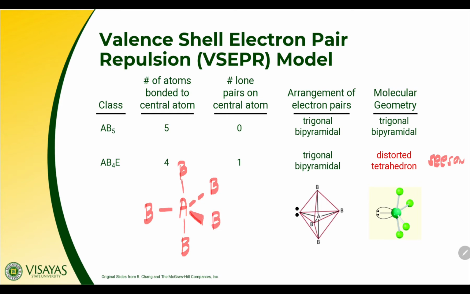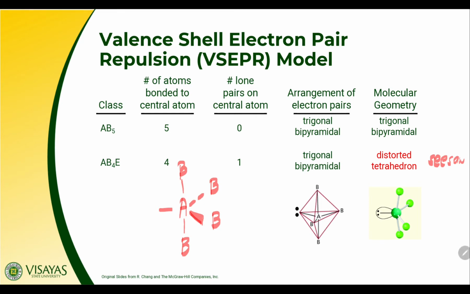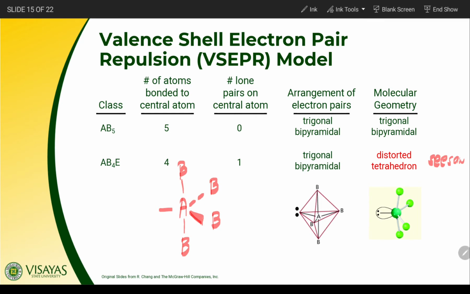Okay, so that is our AB5. Now, how do we draw our AB4E? What we do is we replace one of the atoms with a lone pair because now we have one lone pair on the central atom. So, we delete this one and we replace that with our lone pair.